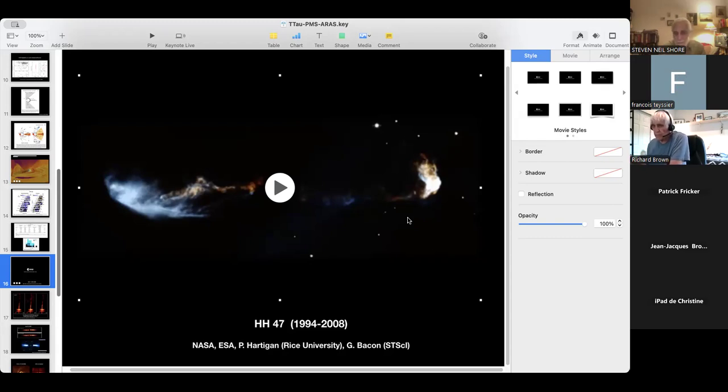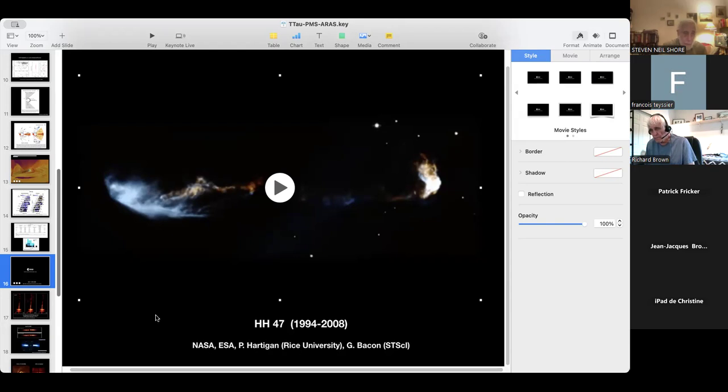There are a few hundred of them known now. They show velocities of 30 to 100 kilometers per second. They're strongly supersonic. They show forbidden lines, and forbidden lines from fairly highly ionized and excited states. So there are shocks present, and these are expelled from the central star.